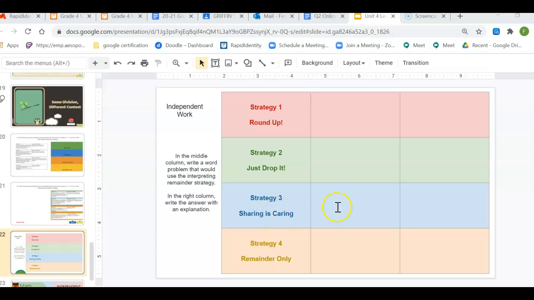And sharing is caring, you would type a word problem here for that. And if it's a remainder only problem, you would type it right here. And on the second column, you would write the answer with an explanation. You would write your answer over here with an explanation. So you're going to be writing in each of these columns in every rectangle for your independent work.